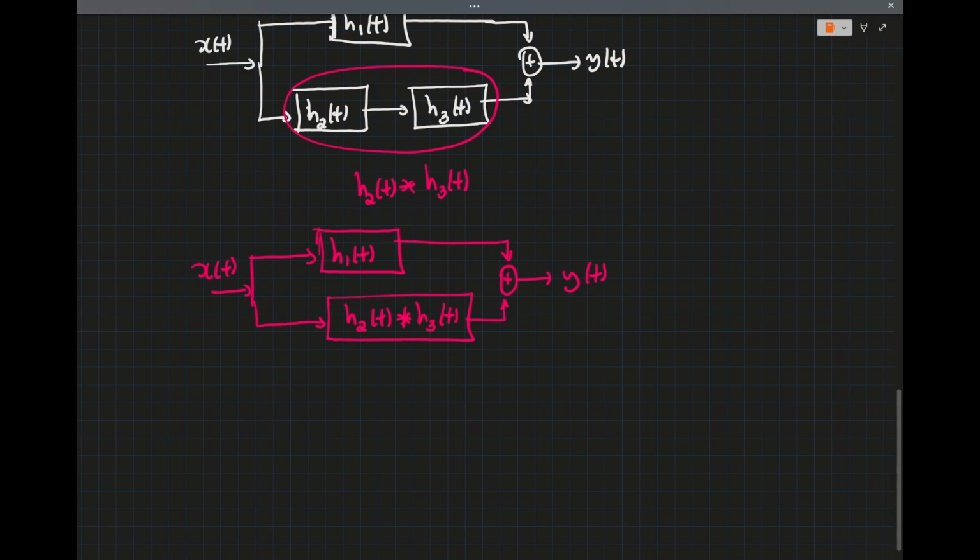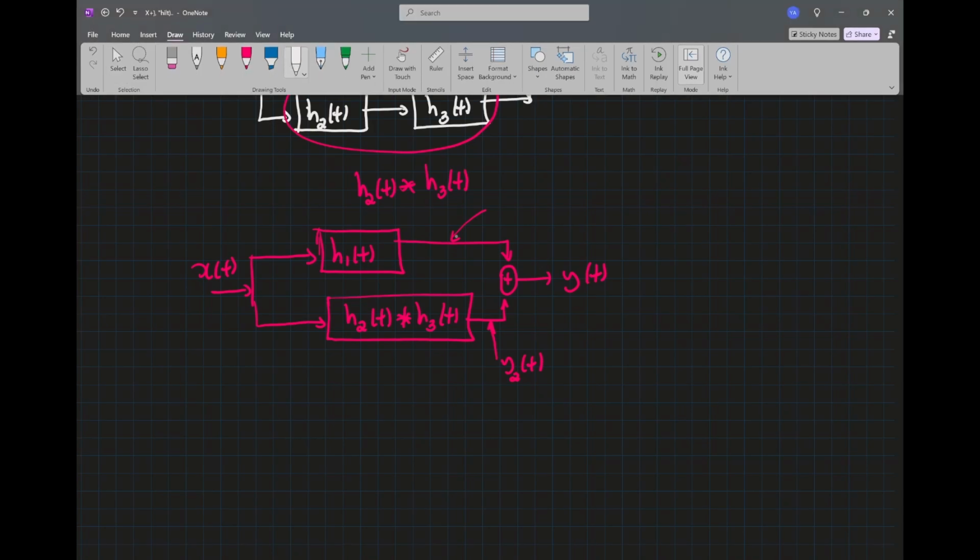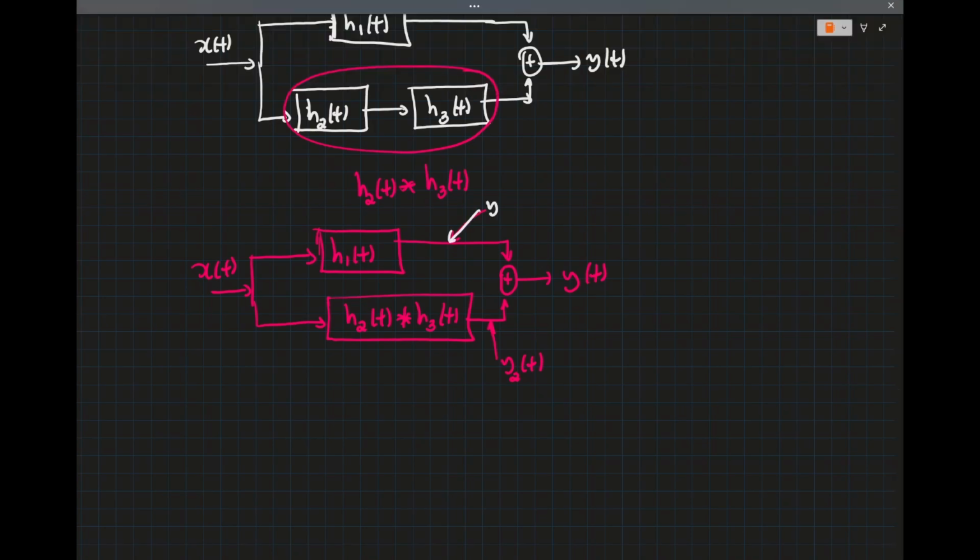So if I call this y1 of t and I call this y2 of t, let me use a different color. Let's say the output of the top block is y1 of t, and the output of the bottom one is y2 of t.